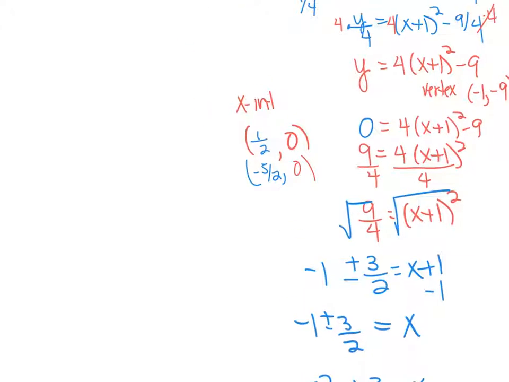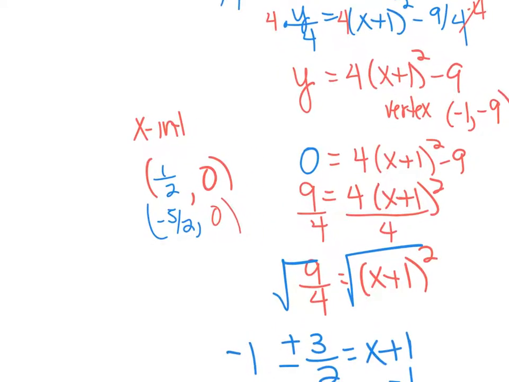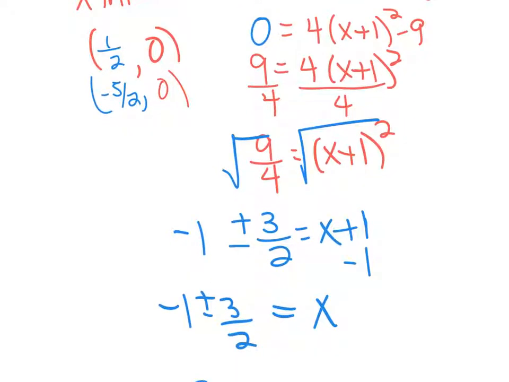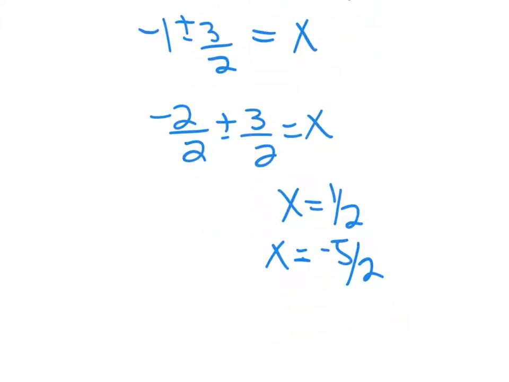Should we graph it? Or let's find the y-intercept. The y-intercept: y equals 4 times x plus 1, quantity squared, minus 9. And we're looking for the y-intercept, so we're going to let x equal 0.